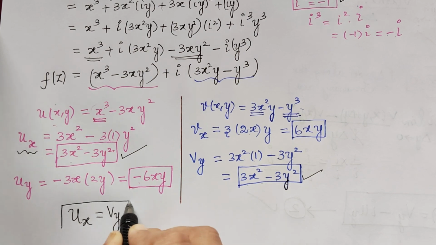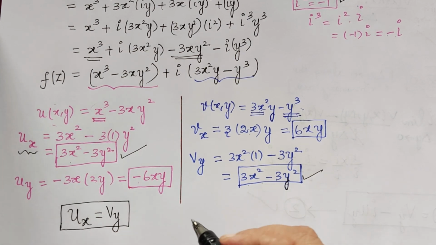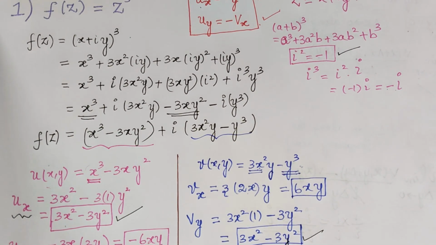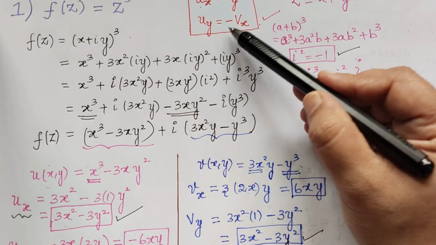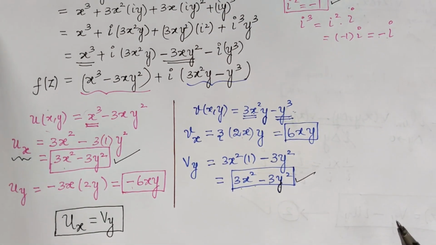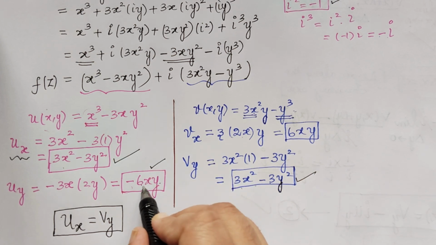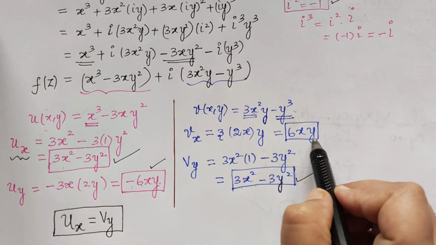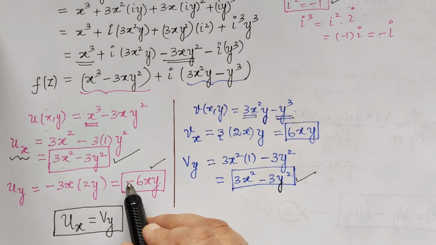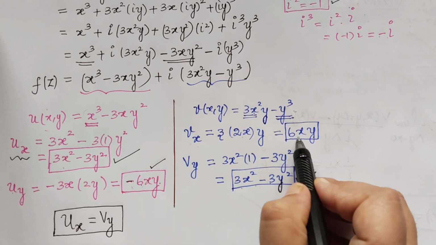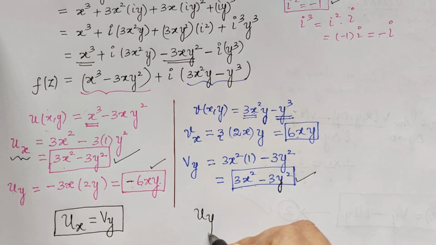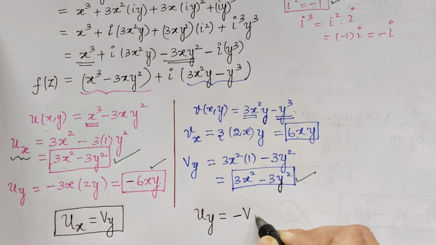So the first equation is done. What about the second one? We have to check whether uy is equal to minus vx. Now if you check here, uy is minus 6xy, and what is vx? It is 6xy. So uy is equal to minus vx. Therefore uy is equal to minus vx.